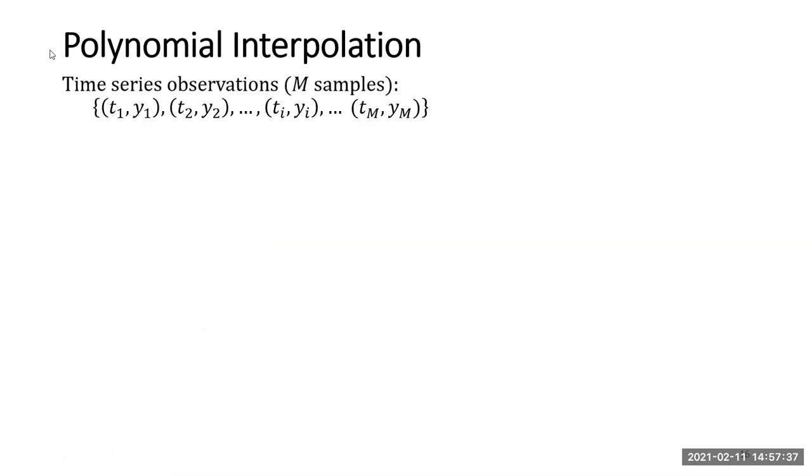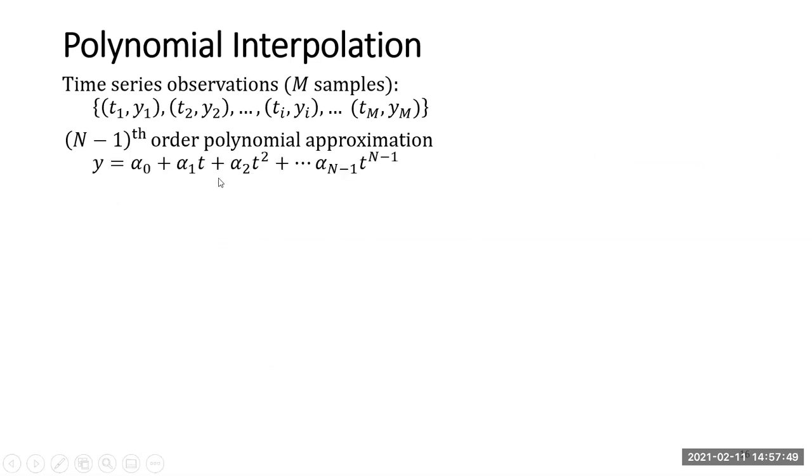Okay. So these are the M samples we have in general. Now I'm replacing 100 with M. And what we have is an n minus 1 order polynomial. This is the general situation. In the truck example, we had n equal to how much? 3, right?